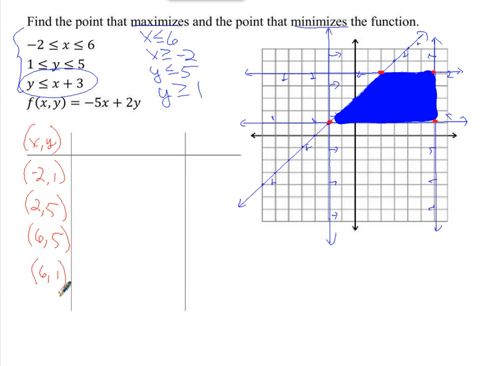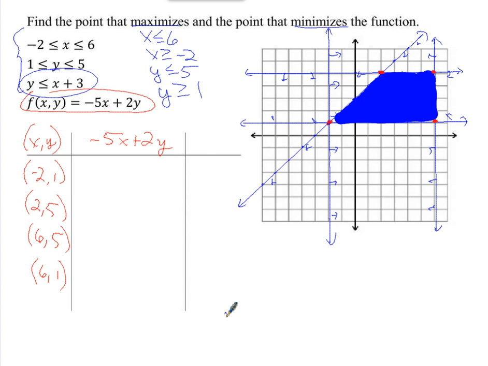I write my objective function, which was given to me right here. I rewrite that in my middle column. That is what I'm going to substitute those values in. And then I write my answers over here.